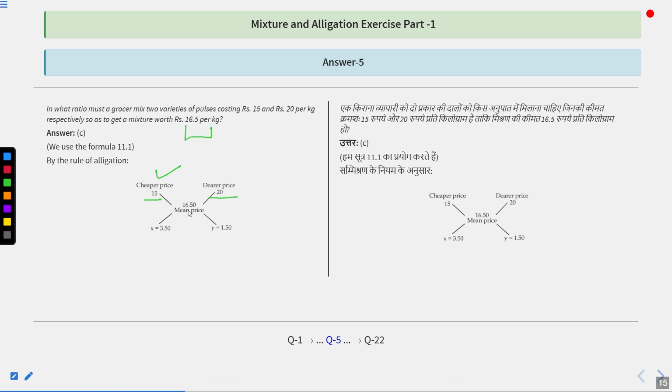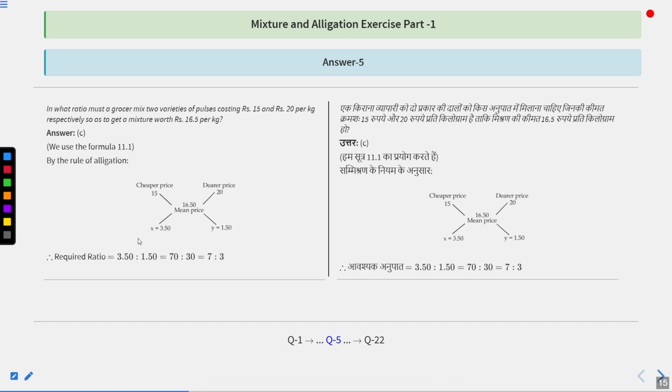We put in the mean price 16.5 and get the ratio 3.50 to 1.50. When you calculate it, we get 7:3. So 7 kg of the 15 rupee pulse and 3 kg of the 20 rupee per kg pulse. When we mix them, the average price will become 16.50 rupees.